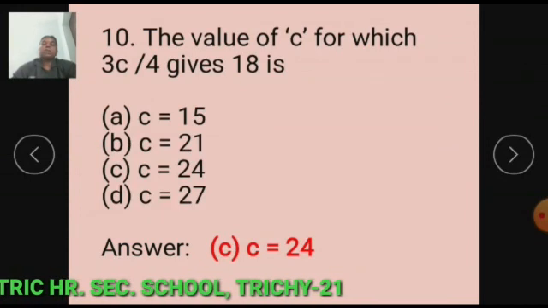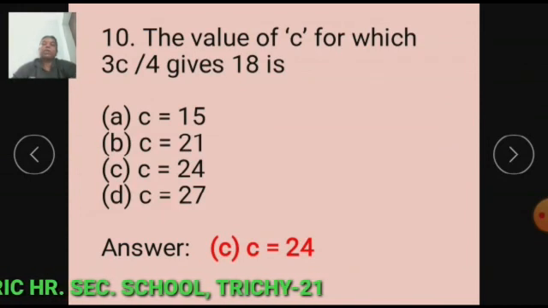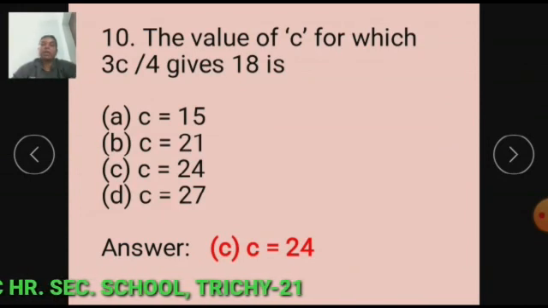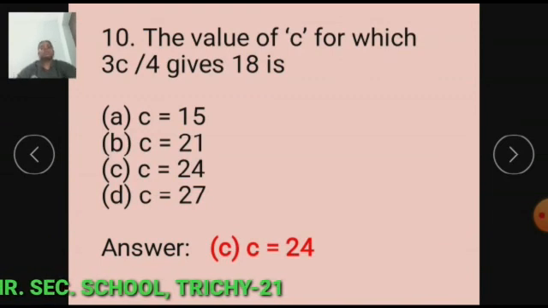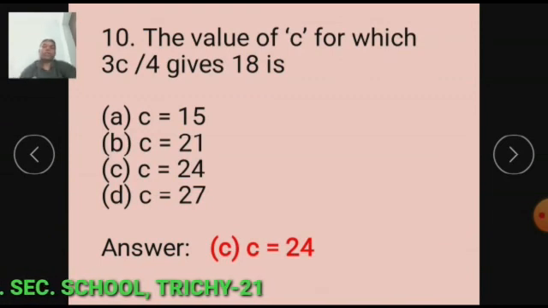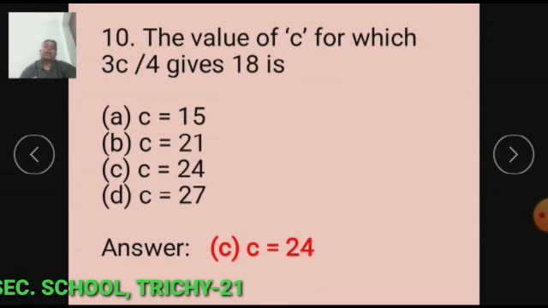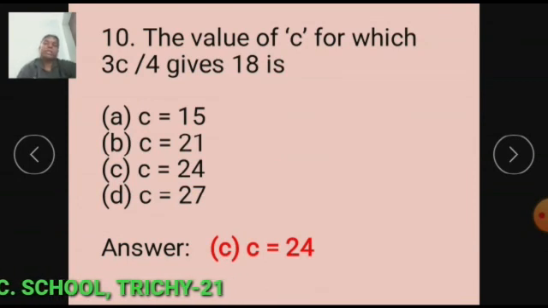Option C equals 24. Now we substitute the C value in the equation. 3 into 24 divided by 4. Here 24 divided by 4 gives 6. 6 threes are 18. So the answer is option C, C equals 24.